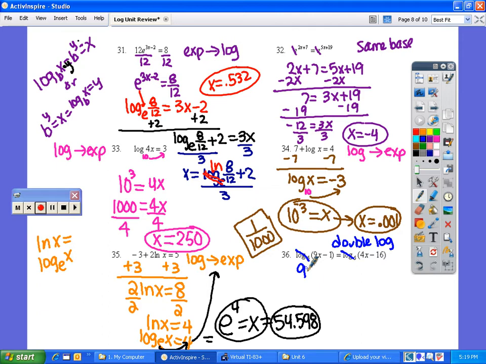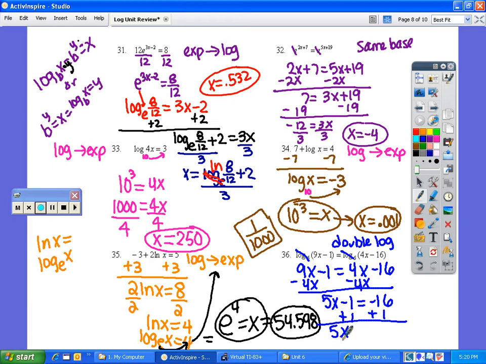So you're going to do 9x minus 1 equals 4x minus 16. Minus 4x on both sides. Add 1. X equals negative 3.